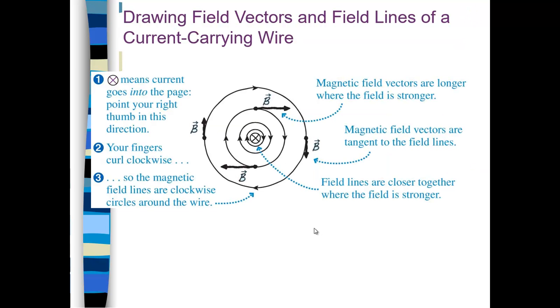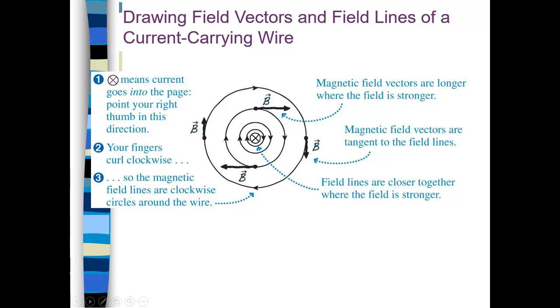Okay, so here's a rough sketch of magnetic field lines around a wire. The current in this case is going into the page. So you take your thumb and you point it into the page, and then your fingers curl clockwise. Okay, so the magnetic field lines are clockwise circles around the wire.